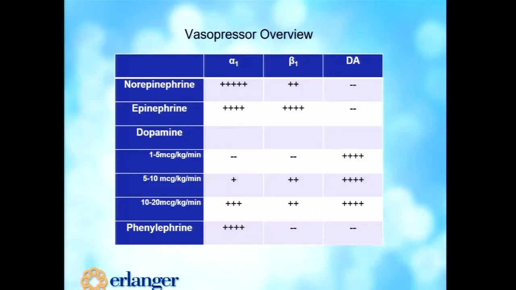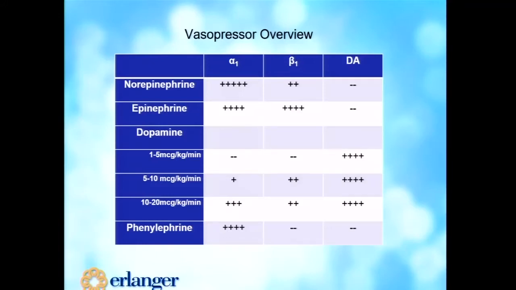When you get to the moderate doses, it adds mainly beta 1 receptor activity and then a little bit of alpha. And it's not until you get to the higher doses that you see what you'd typically be looking for in a septic patient, which is increasing your alpha 1 activity. But you don't drop off the other receptors, you just add on. And so you still have the beta receptor activity as well as the dopamine activity.